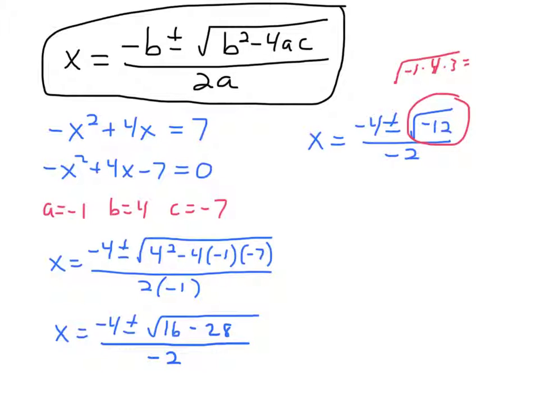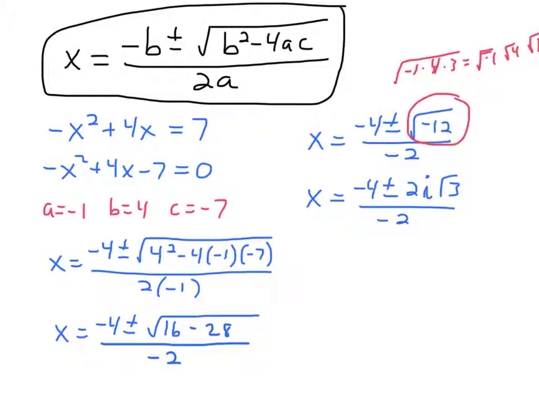So it would be the square root of negative 1 times the square root of 4 times the square root of 3, which would be 2i root 3. So that could be written as x equals negative 4 plus or minus 2i times the square root of 3 over negative 2.